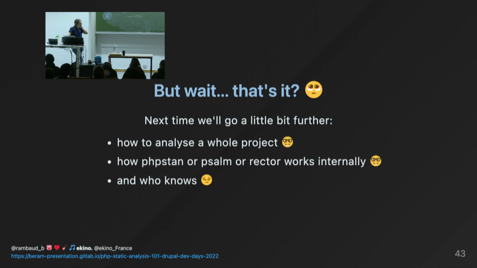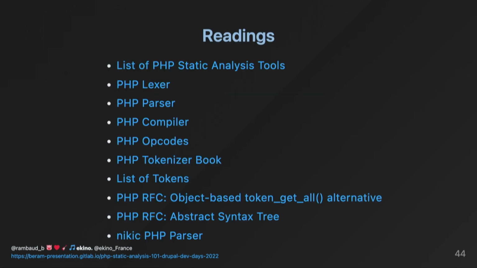It's really great, so you can work with them. And if you have ideas, I really urge you to read some of those things. I don't know if you knew that PHP has an internal documentation to explain everything, but you can read about the lexer or the parser. It's really interesting to know how they do it, the compiler, everything.